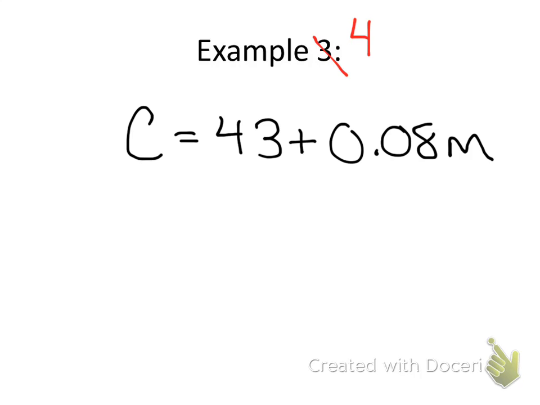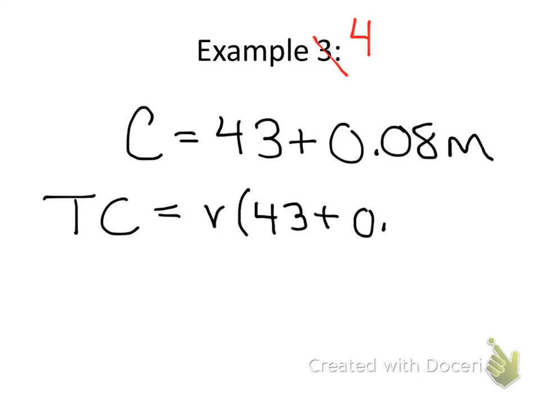Wilderness Camp rented a fleet of a certain number of vehicles for 1 day. Write a formula for the total cost of renting all of the vehicles. All right, well, total cost we can represent with a TC. What is the total cost? The total cost is the number of vehicles times the cost per day plus how much it is per mile.